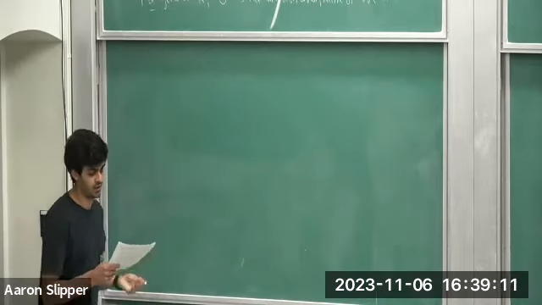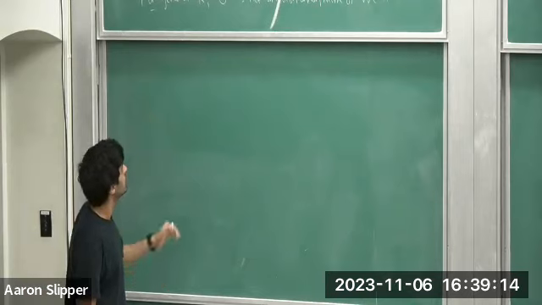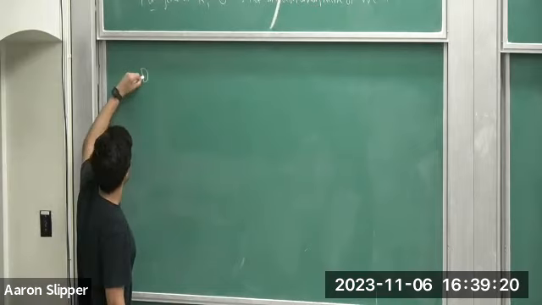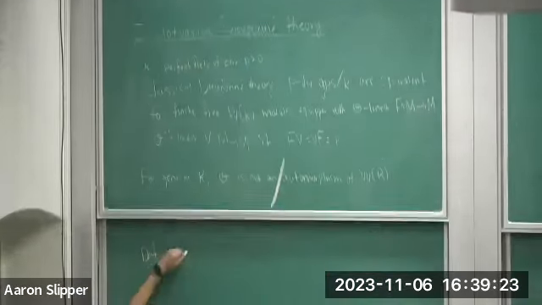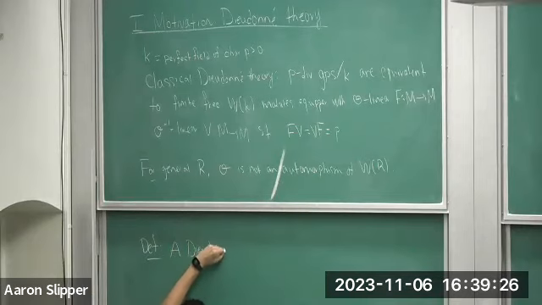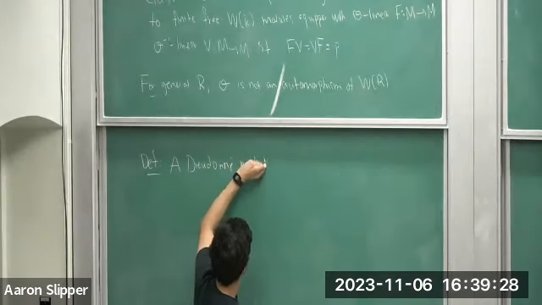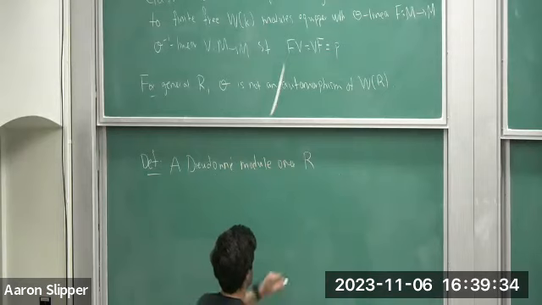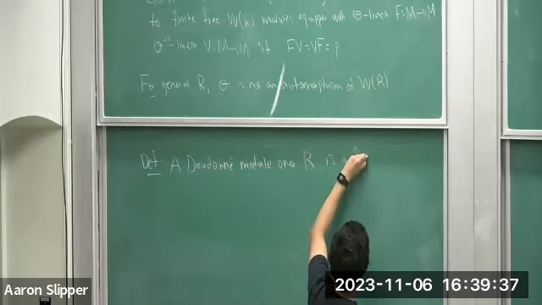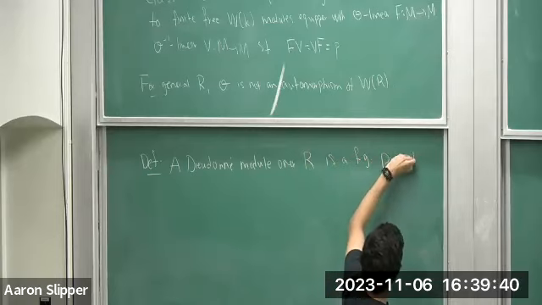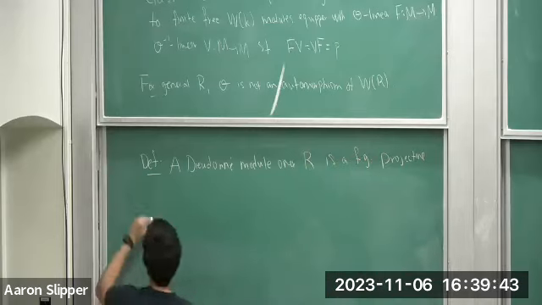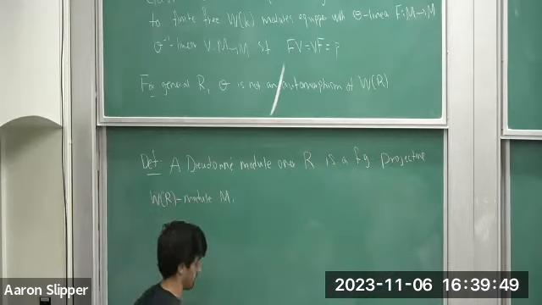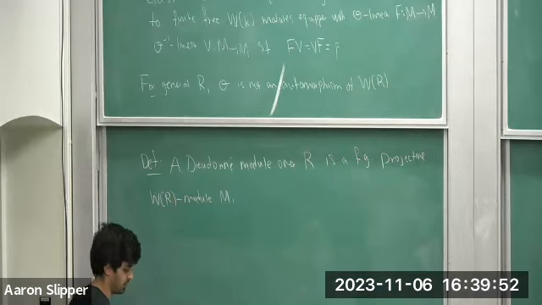So we might try and fix this by defining Dieudonné modules over a general ring, where we replace this V by the map to the Frobenius twist. So a Dieudonné module over R is a finitely generated projective W(R) module M equipped with linear maps.